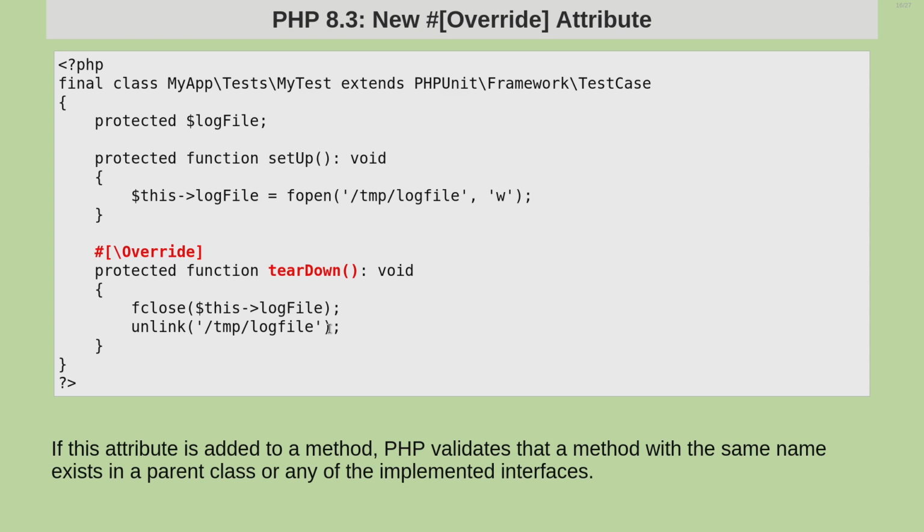I found this particularly useful for these unit tests, where sometimes you don't know whether things are going to get cleaned up. Question over there, yes. If you misspelled teardown, how can Rector know that this has to override that method? Well, that is a good question. The question is, if I had misspelled teardown, how would Rector know to add the keyword? And of course, it can't know that.